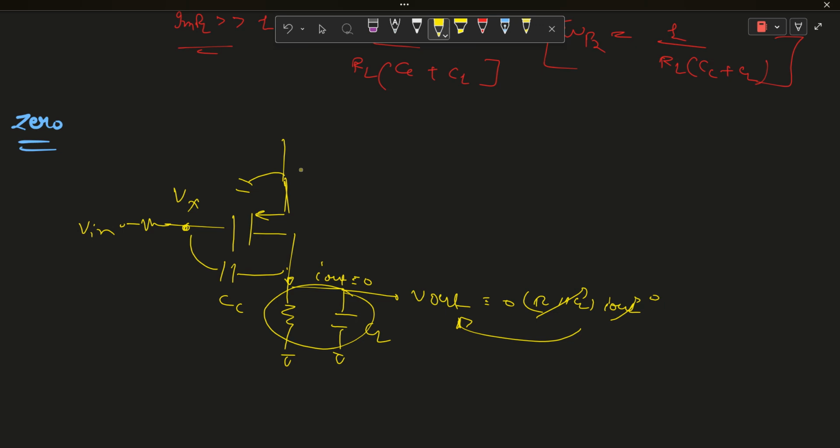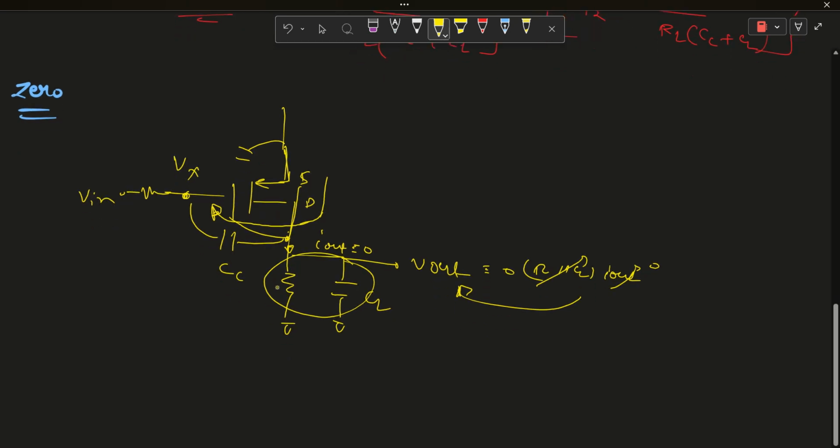To make I out zero, there is one current flowing from source to drain of this MOSFET, and all of it will flow from this path to this path, so no current will flow in this branch.